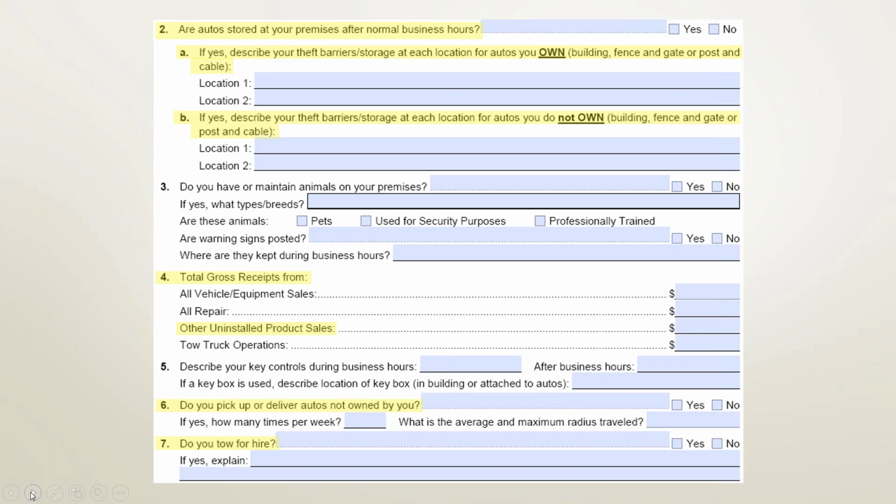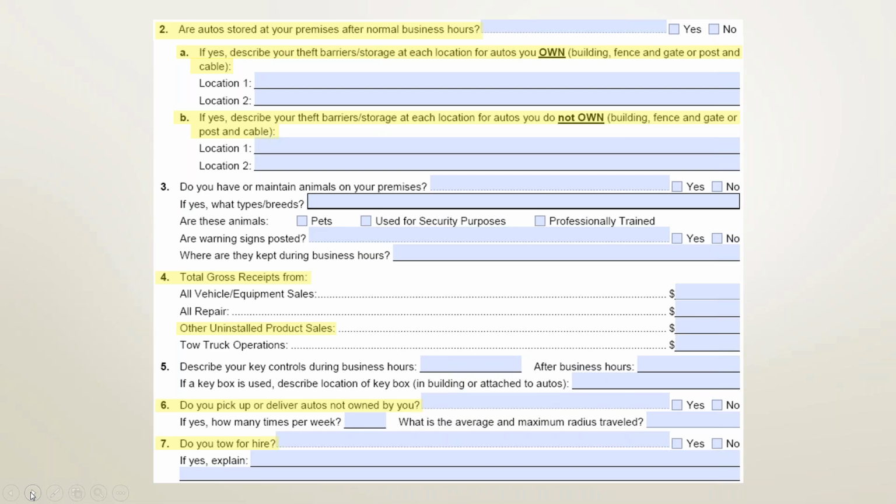So we have some highlighted areas, as you can see. Question 2 here: I need to know how autos are stored at the repair shop or dealership after hours, and that's going to help me determine what the theft and vandalism exposure is looking like. Moving down to question 4.